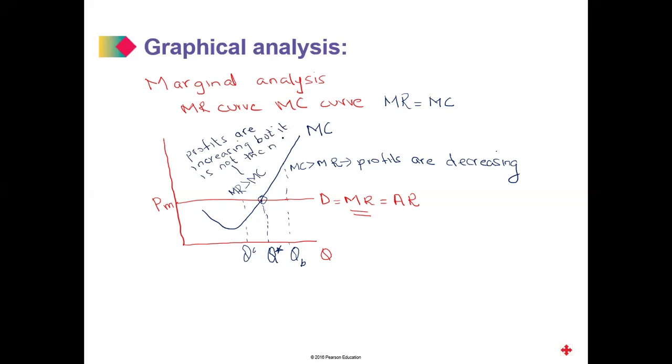This point QC shows that the marginal revenue line is lying above the marginal cost, and it shows that marginal revenue is greater than marginal cost. It means that although the profits are increasing, it is not the maximum point.